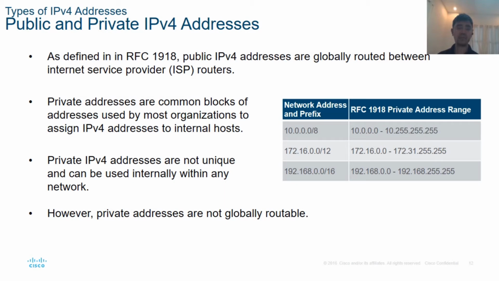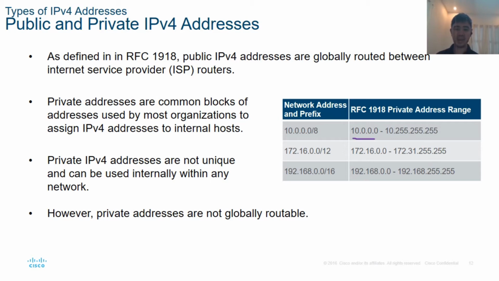We have two types of IP: a public IP and a private IP. Say, for example, your boss told you to assign an IP address in a given room, and let's say there are 10 computers in that room. Can you assign 1.1.1.1 or 2.2.2.2? No, it should be within the private address block.